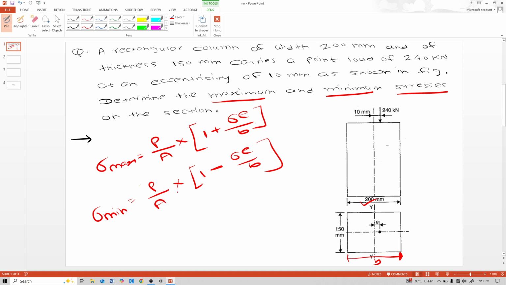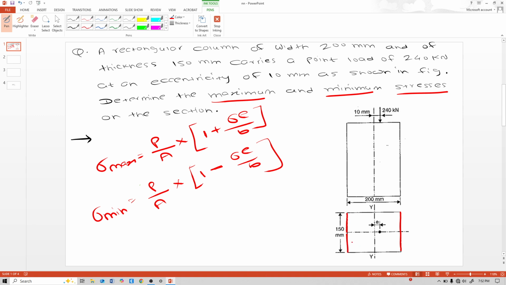So that's it. Sigma max is applicable to this section of the column. Consider this section: at the bottom, sigma max acts over all of this portion linearly like that, and sigma minimum acts over all of this portion.